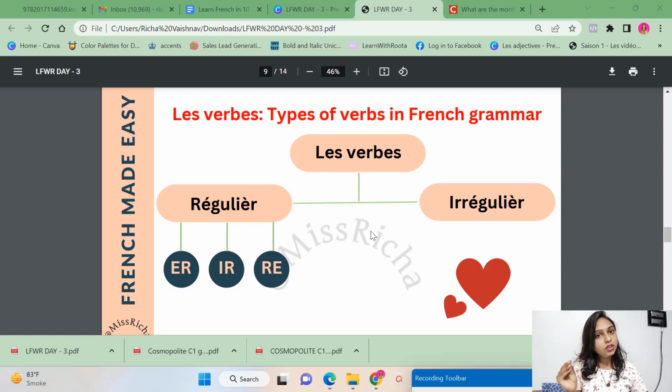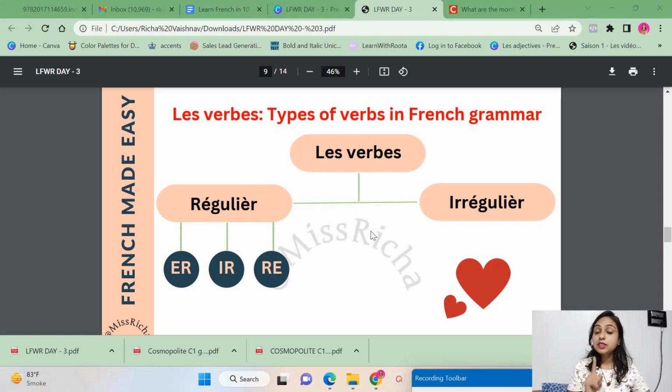So if it is a regular verb, it will follow a standard format. You don't have to learn anything separately. All right. So ER, IR, and RE, you will understand this in 5 minutes. Just hold on. So regular verbs are the verbs which will follow a standard format. Okay. Whereas irregular verbs do not follow any standard format.